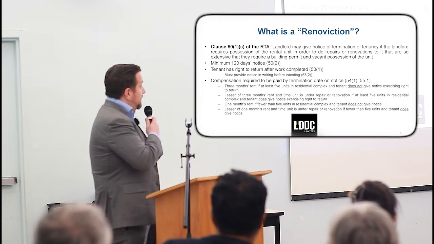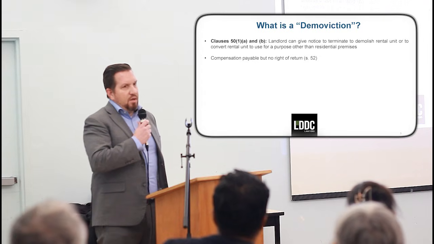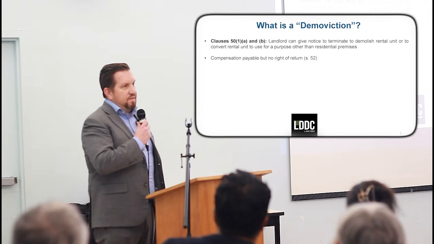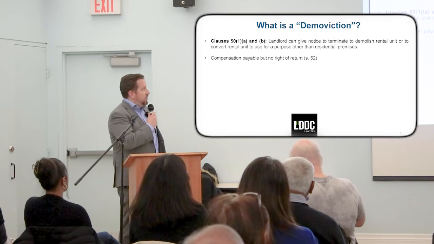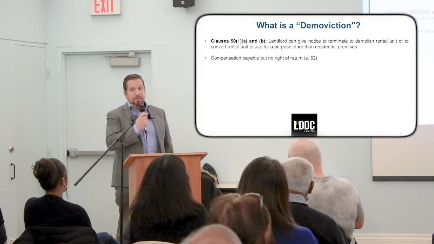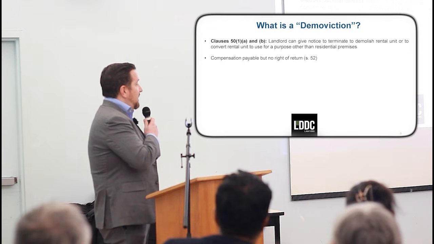Now, by contrast, if we can go to the next slide, please. A demoviction, also an N13, but different grounds. In this case, this is a termination of the tenancy to demolish the rental unit or to convert the rental unit to a use for purposes other than residential premises. And we're going to be focusing tonight on the first piece, being the demolition piece.